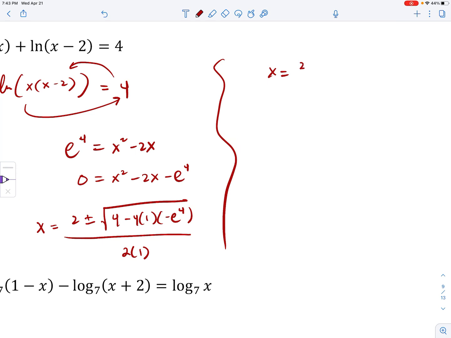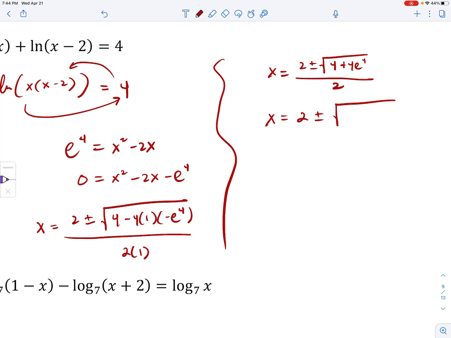So simplifying that a bit, we would have 2 plus or minus the square root of 4 plus 4e to the 4th, over 2. And if we wanted to simplify more, we could think about factoring that 4 out underneath the radical.